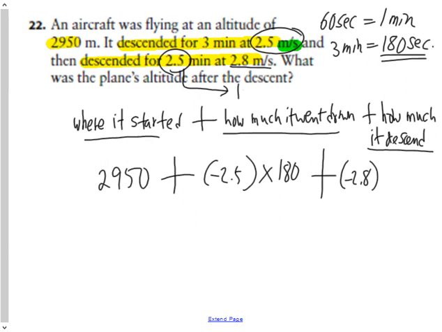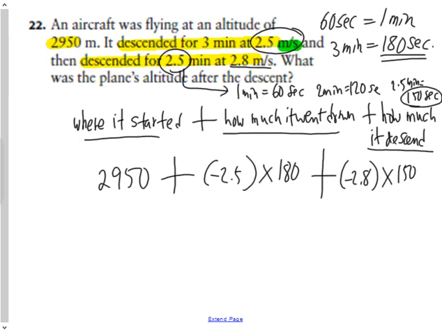Well, 1 minute is 60 seconds, 2 minutes would be 120 seconds, and therefore 2.5 would be another 30 seconds. So 2.5 minutes is equal to 150 seconds, because each minute is 60 seconds and half a minute is 30 seconds. So every second it's going to go down 2.8 meters, multiplied by 150 seconds.